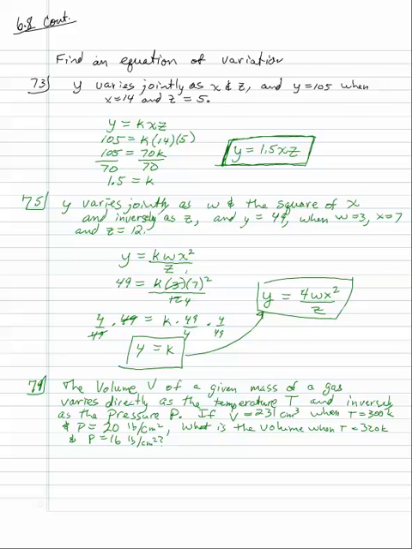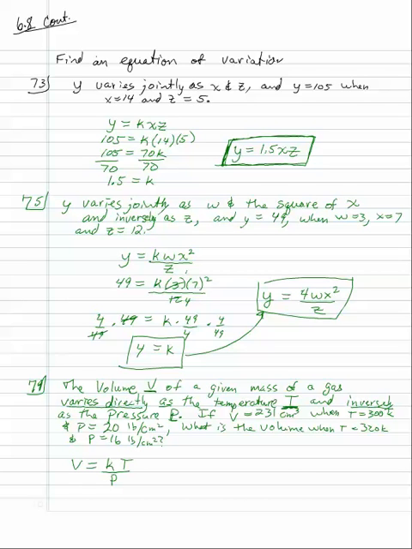So again, let's simplify. Volume, that's V, varies directly as T and inversely as P. So V varies directly as T, and inversely as pressure P. Inversely is over.